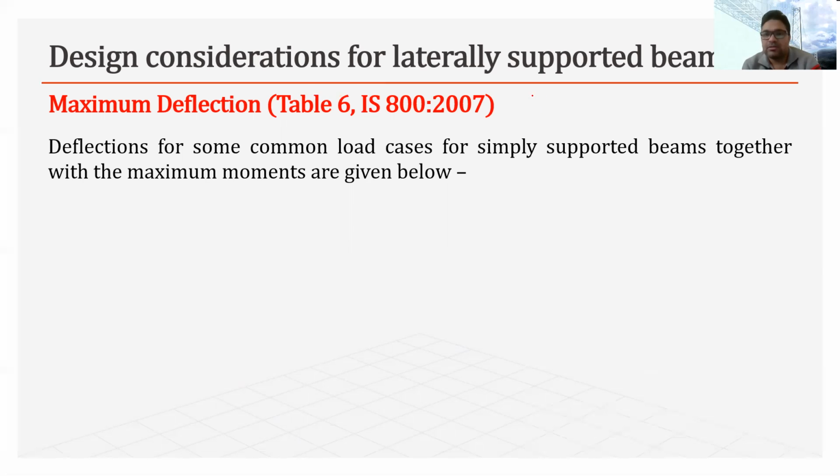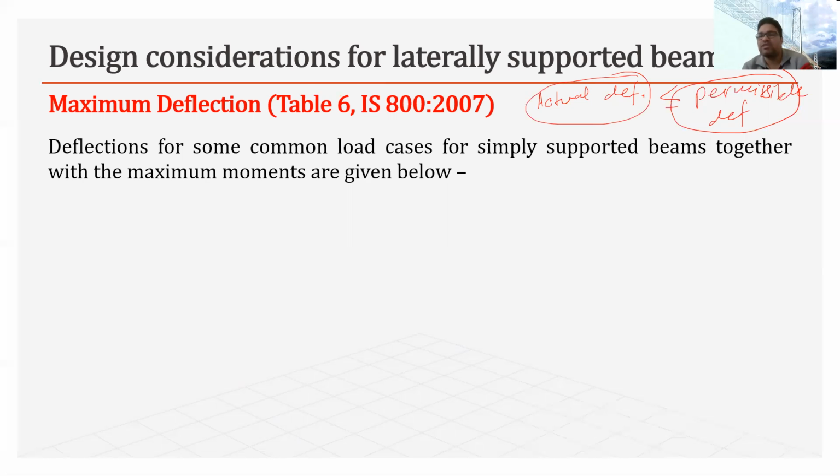So basically, we say actual deflection should be less than or equal to the permissible deflection. This permissible deflection limit we can find from the IS code, but how do we find the actual deflection?